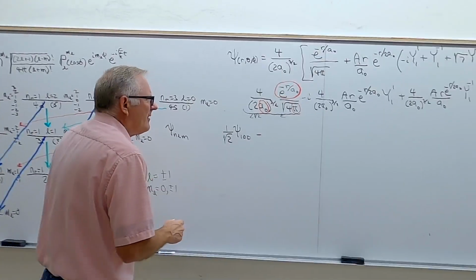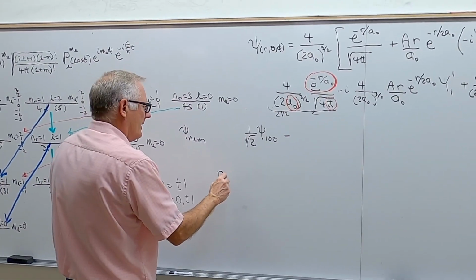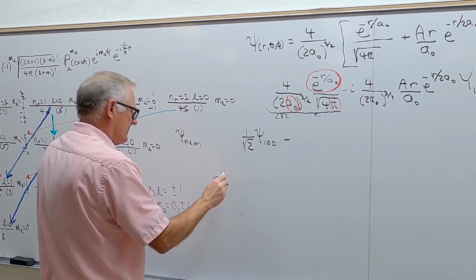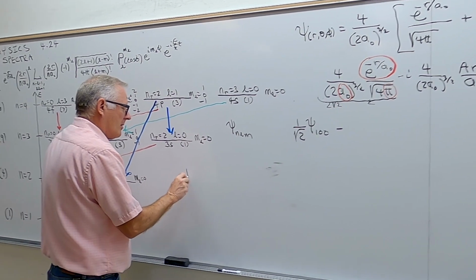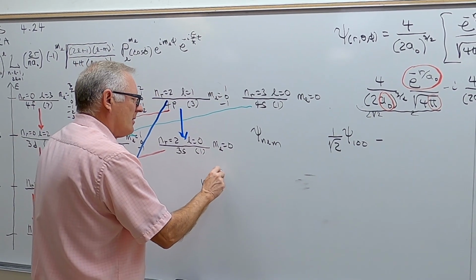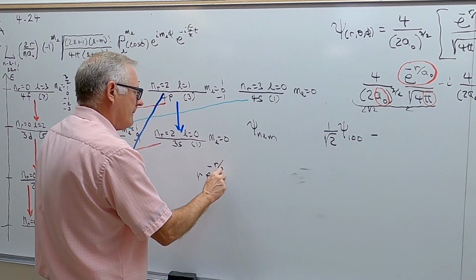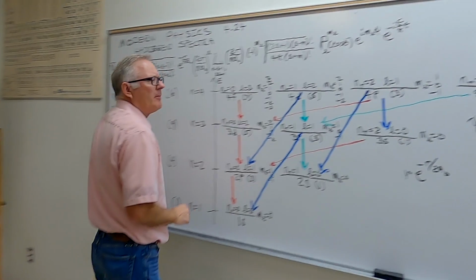Actually, I'm going to write it over here a little bit further: r e to the minus r over 2a naught. If I were to just look at that right there, actually, we'll divide it by the a naught.